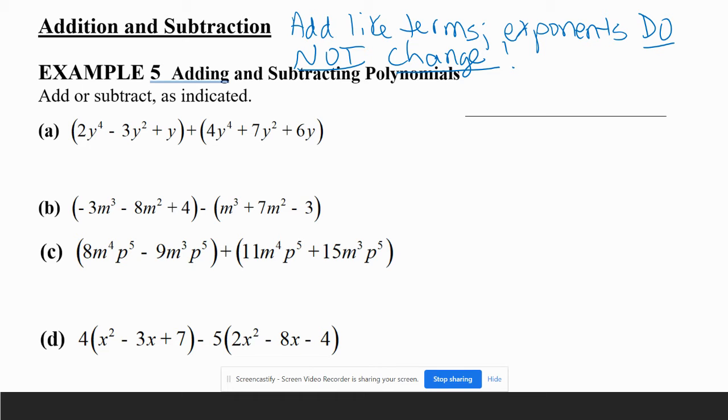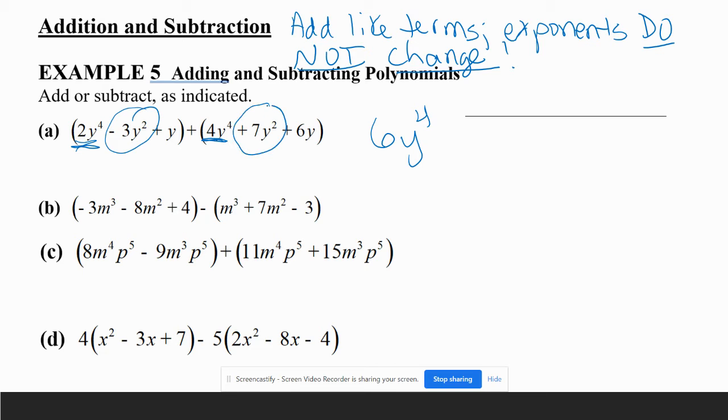We just want to know how many of each of those we have. Like terms, remember, have the same variables with the same exponents. So I have y to the 4th and y to the 4th. We have 2 here plus 4 here to make 6 y to the 4th.